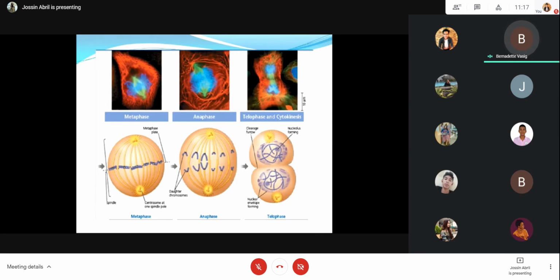Anyway, how about the checkpoints, Miss Abril? Another question: what happens if cytokinesis does not take place? What will happen to the cell? It will form a cluster, ma'am. A cluster of what? Of cells.